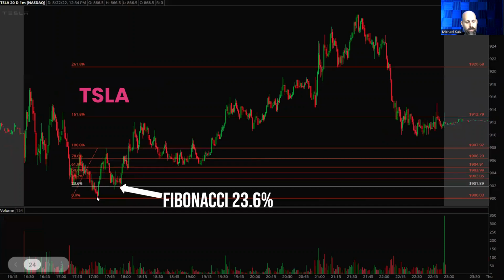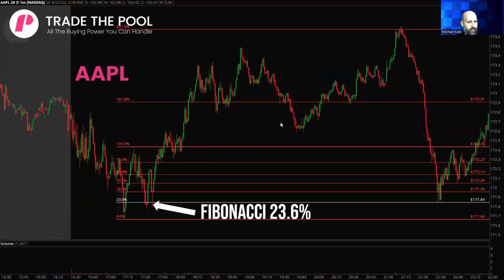Tesla, dropping down majorly, popping up, pulling back to test the 23.6, going all the way up. Apple, same thing, dropping, popping, bouncing to the 23.6 and going all the way up.